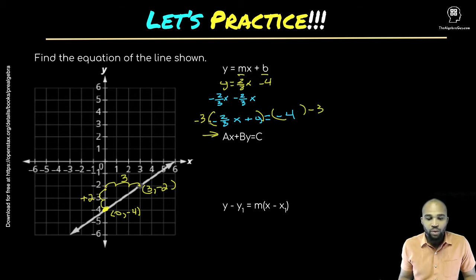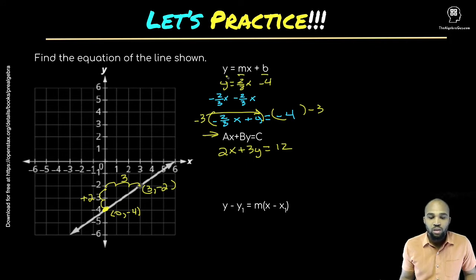What do I get? -3 times 2/3, but 3 over 3 cancels out to 1, so I'm left with 2x. -3 times y, distributing, is 3y. And that equals, I'm sorry, positive 12, because -4 times -3 is positive 12. So there it is in standard form.